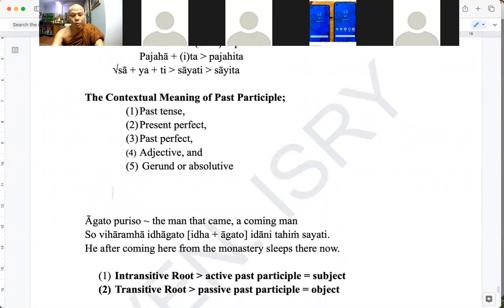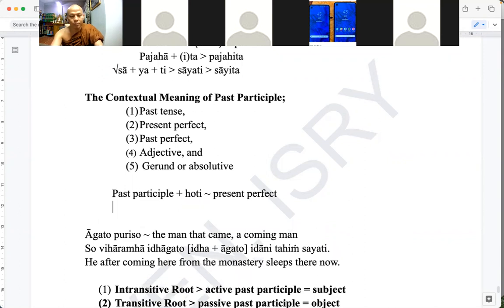To show the present perfect, there is a past participle and the verb to be like hoti. Hoti is present tense, so at that time it can be understood as the present perfect.